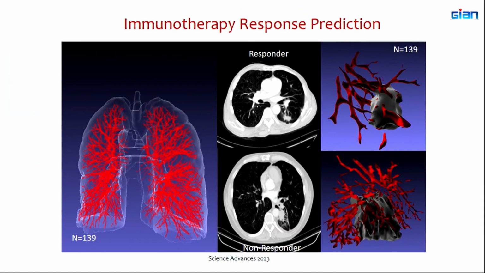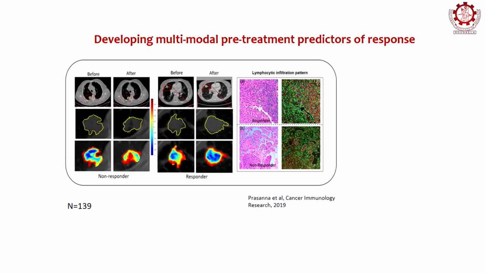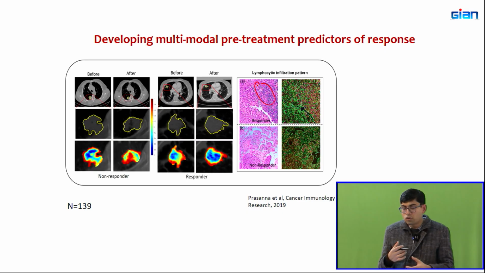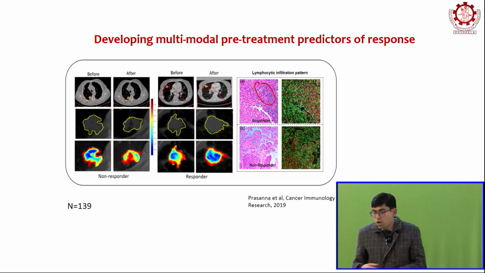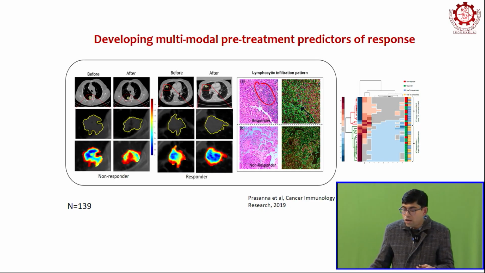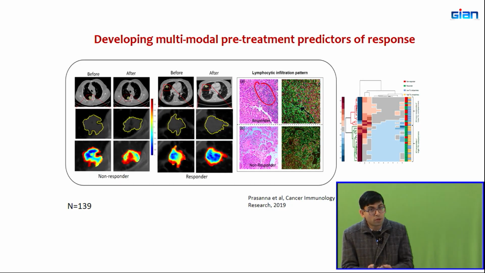Okay, so coming back to our immunotherapy response prediction project that we have been seeing over the last 2 days. We saw how we can extract radiomic features or radiology markers, but we can also extract pathology features. We can extract where the lymphocytes are, and how the cancer cells and lymphocytes are co-located with respect to each other. So what we did here is a correlative study, and we saw that certain radiomic features are associated with pathomic features.